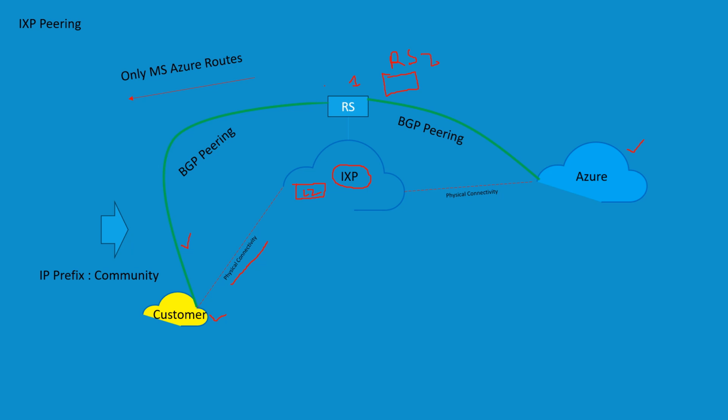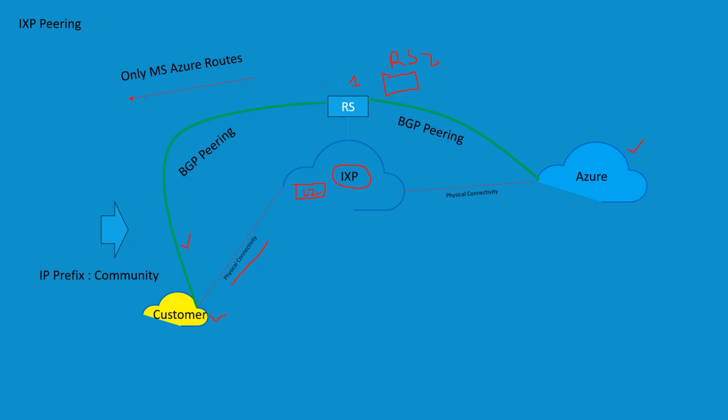And then there's going to be a BGP peering between this route server and Azure. And this route server is not going to be part of the data plane, so nothing flows through this. So it's a kind of AS number, whatever is configured on this RS, is going to be hidden.